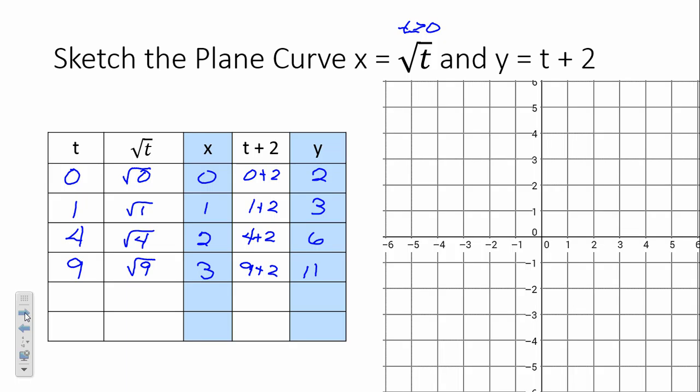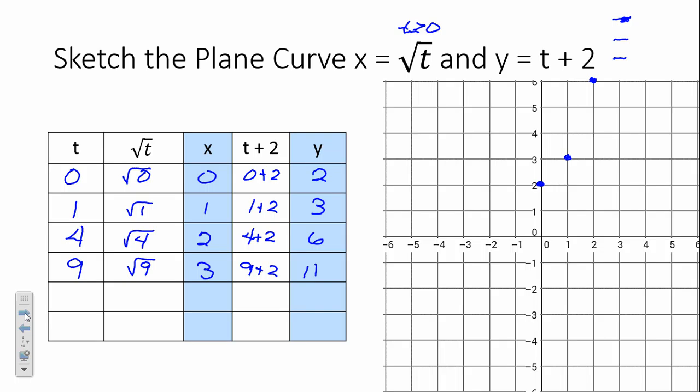Okay, so now let's plot these guys on the coordinate plane. So when we were at 0 for x, we're at 2 for y. When we're at 1 for x, we're at 3 for y. When x is 2, y is 6. And I'm already off my graph, aren't I? So 3 and 9 isn't going to work out so well for me. Okay? Looks a bit like a parabola, doesn't it?